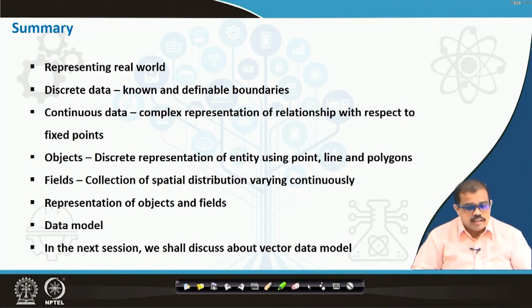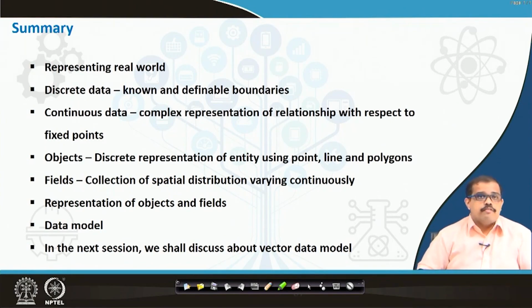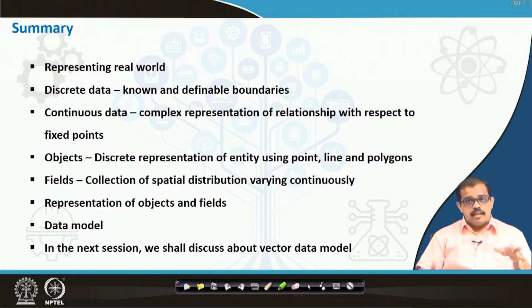So, with this summarizing today's class, we revised how we represent the real world. The real world is extremely dynamic and complex, so this has to be represented in the form of a data model. Normally, when we are creating a data model, everything is in the form of an entity, because of which it may mimic the real world, but is essentially not the entire purview of the real world.